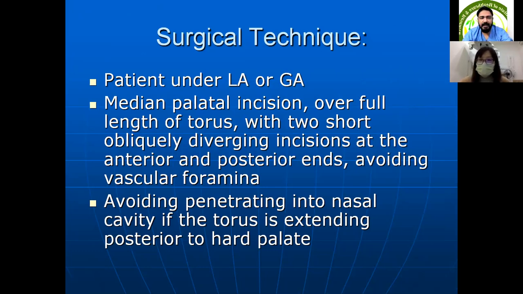The median palatal incision is given over the full length of the torus, with two short obliquely diverging incisions given at the anterior and posterior ends to avoid vascular foramina. Avoid penetrating into the nasal cavity if the torus extends posteriorly on the hard palate.